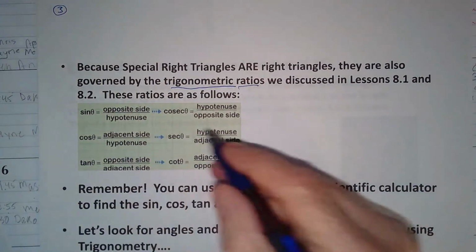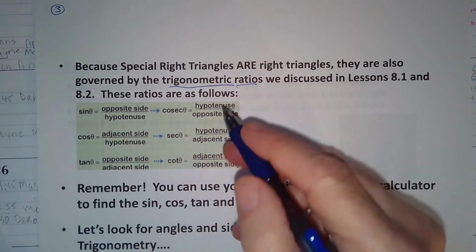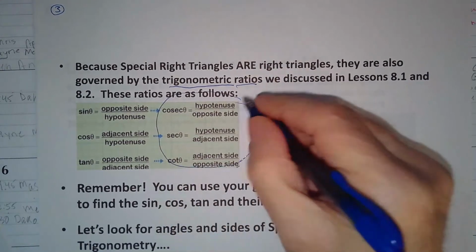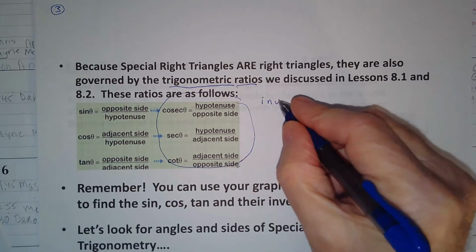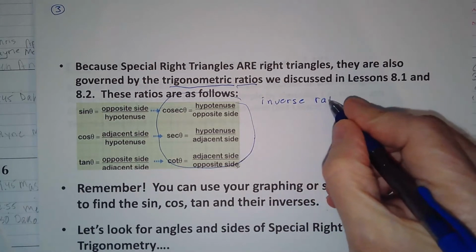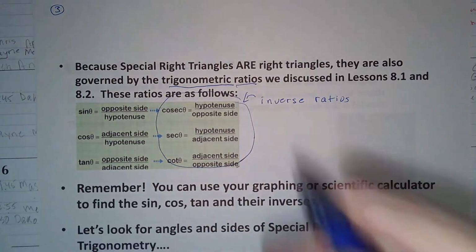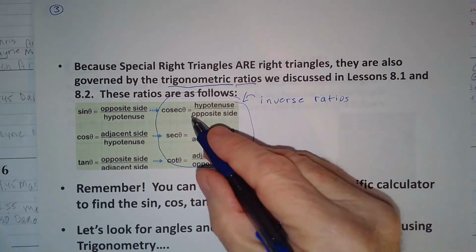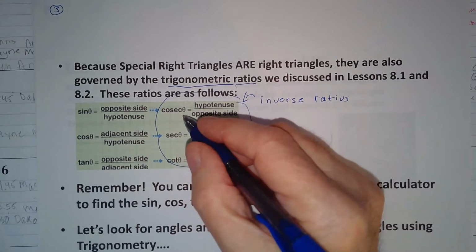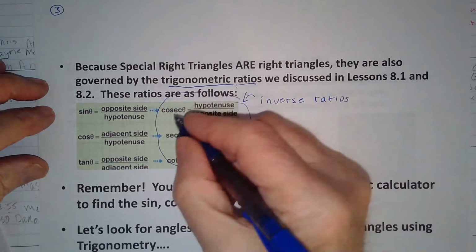These are the ratios for sine, cosine, and tangent, and these second ones here are the inverse ratios. I oftentimes suggest the labeling for the inverse ratios as follows.